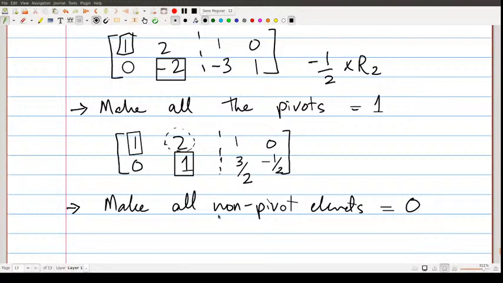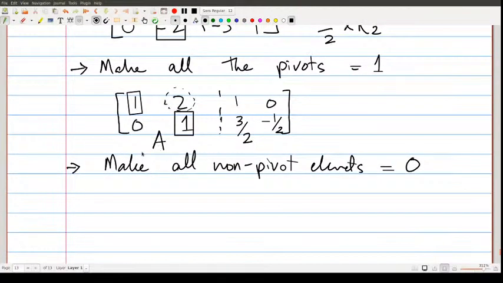By the way, when I'm talking about pivot and non-pivot elements, I'm only referring to A, not to the augmented column. I don't care about what's on the right hand side, I don't want to miss it, I'm just talking about this A matrix. This is of course no longer the same A matrix, it has been changed, but I'm only talking about the left side of the augmented matrix.